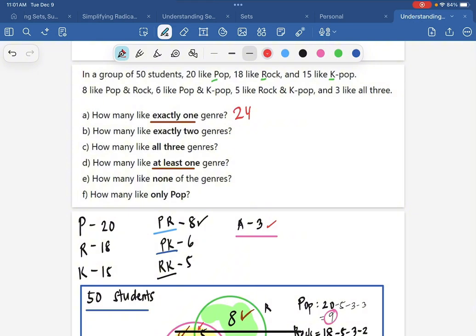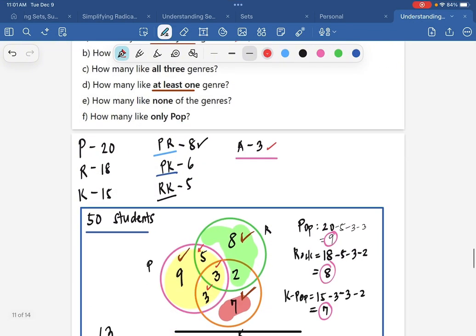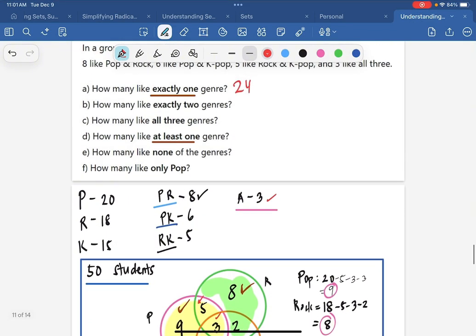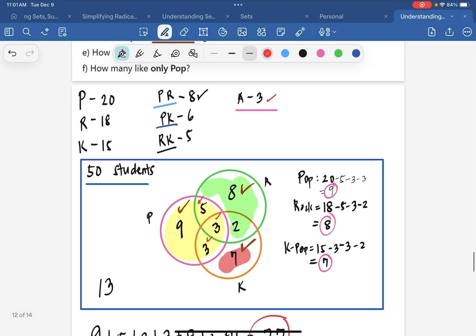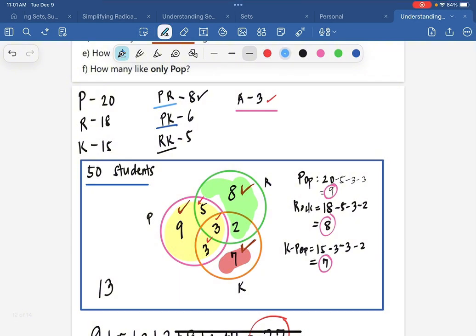Now, this time let's add for the second question, how many like exactly 2? So for exactly 2, we have here the 5, 3, and 2. Because again, these are the numbers or sets in which there are people who like, for example here, both pop and rock, or pop and K-pop, or rock and K-pop.